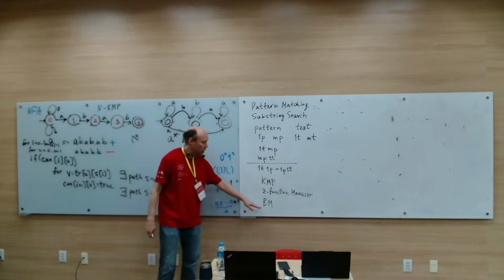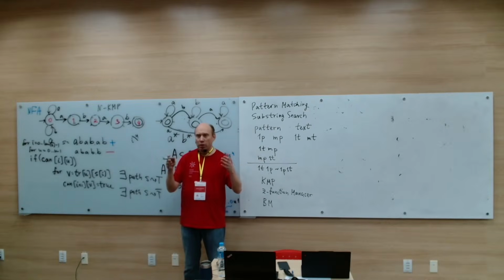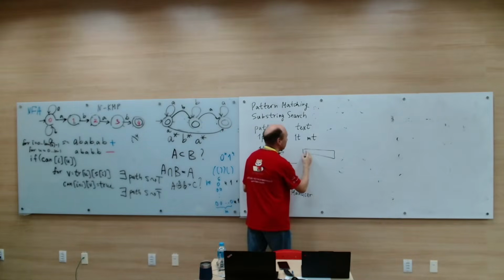The main idea is that you match from the end of the pattern, not necessarily from the beginning, and for some mismatches that you find, you can deduce that you can skip ahead.